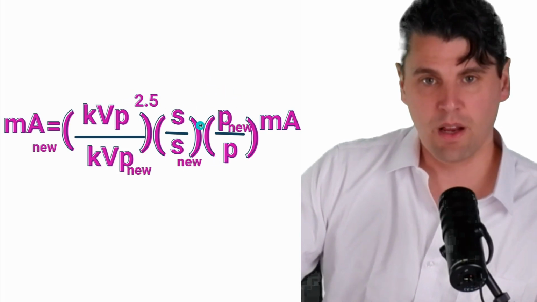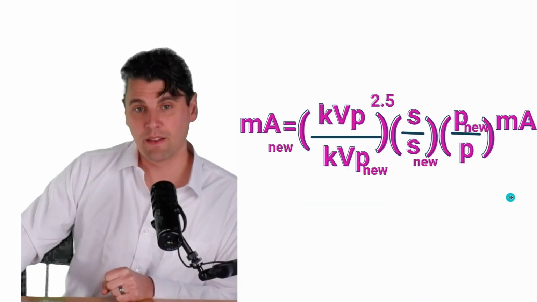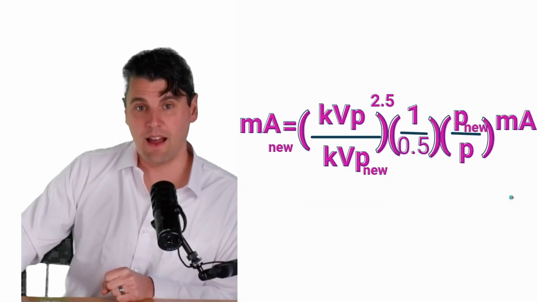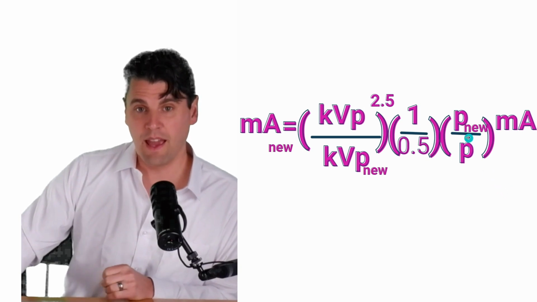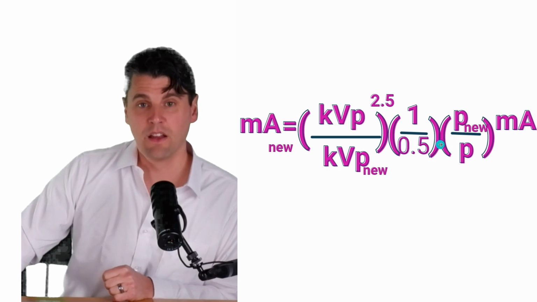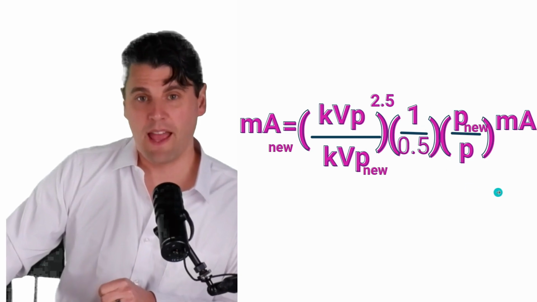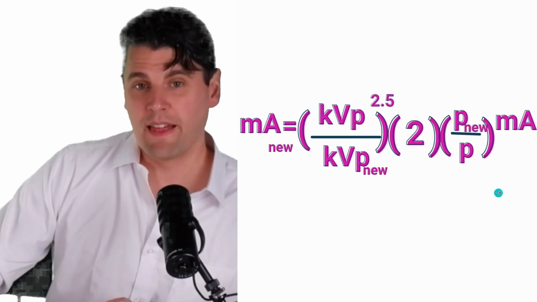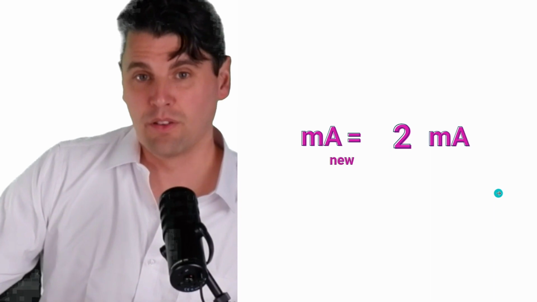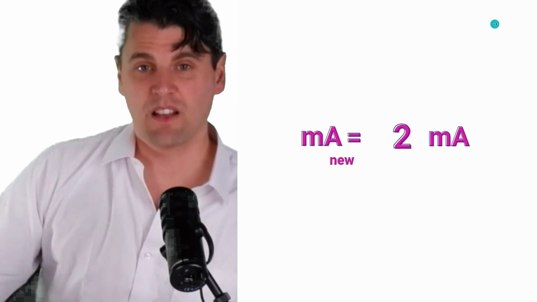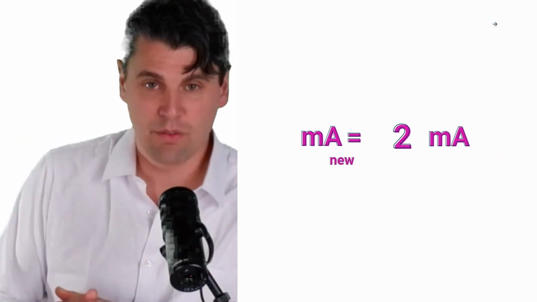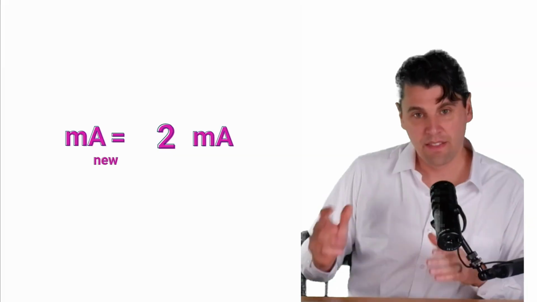We just have to worry about this term here in the middle. It's dependent on the time. So we went from 1 second to 1/2 second. So what are we going to have to do here? Our new MA is going to be affected by 1 divided by 1/2. So that is a factor of 2. So it's just saying our new MA is actually going to need to be twice as great as our original MA. This makes sense, right?